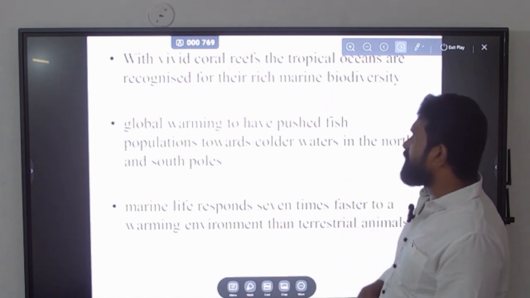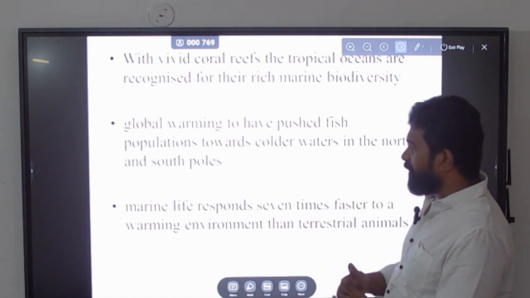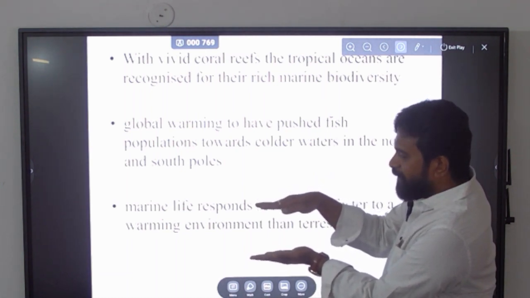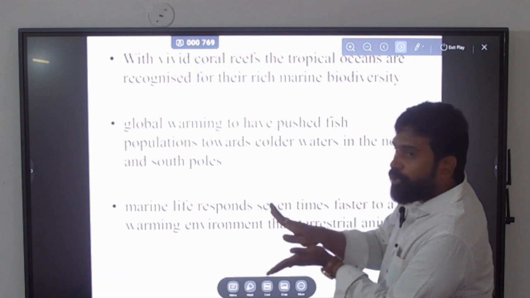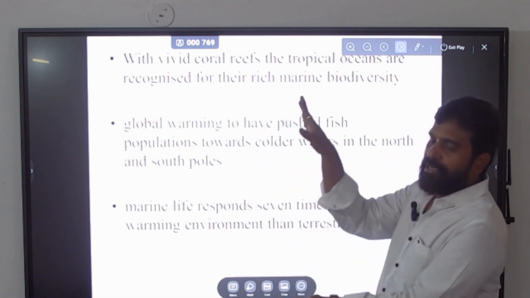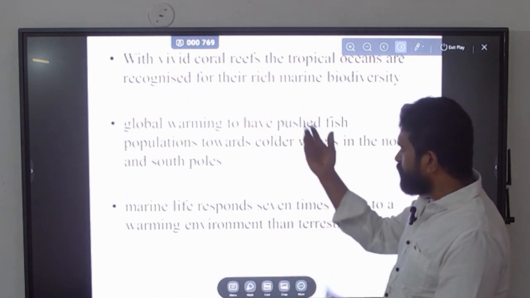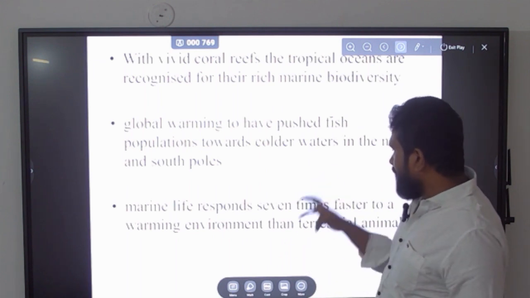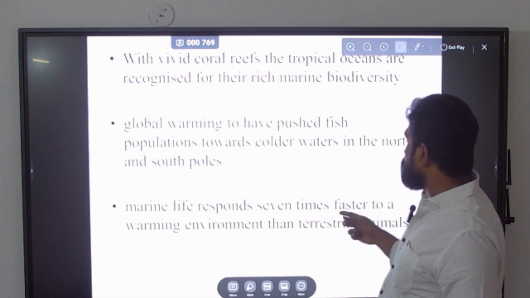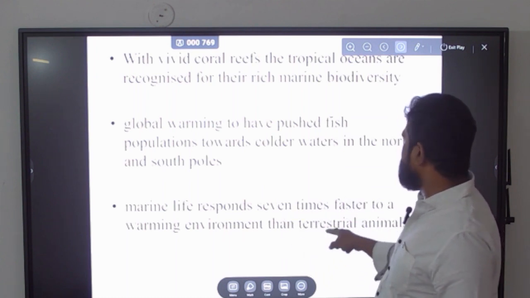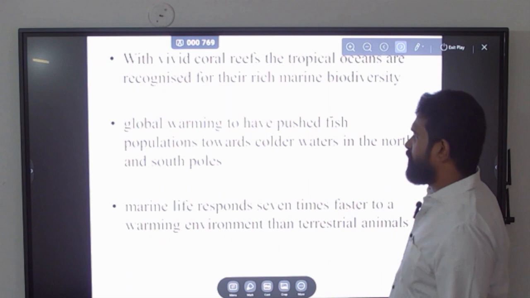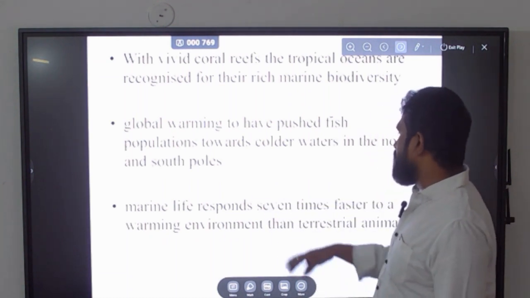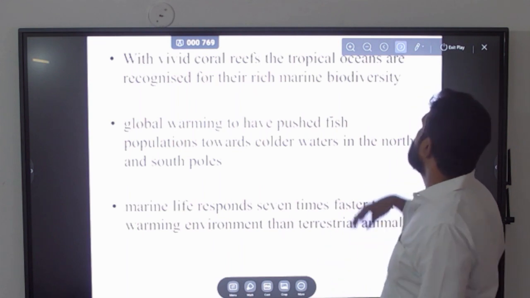Because of global warming, the fish population in the tropical region is being pushed toward the North Pole and the South Pole, that is, to the temperate region. By the way, marine life responds 7 times faster to a warming environment than terrestrial animals. This is true. They are the most affected when compared to terrestrial animals.